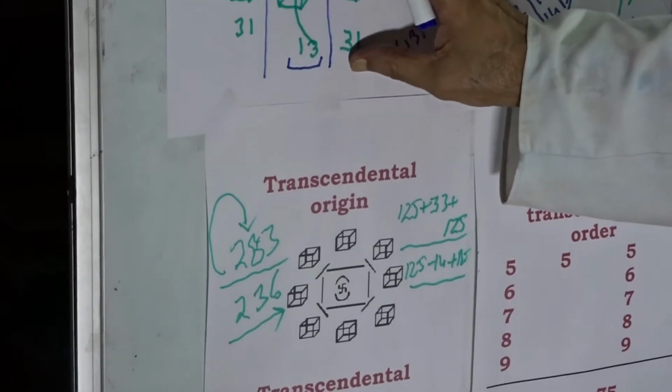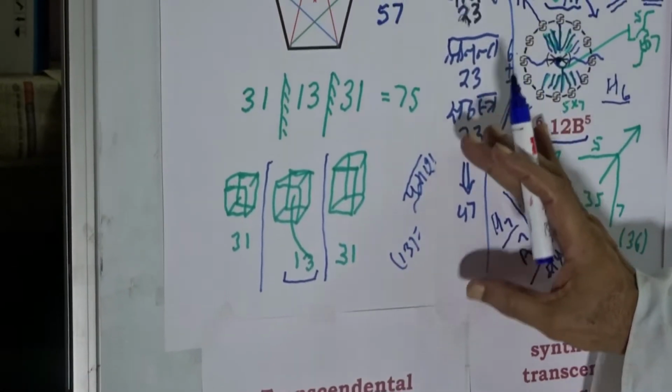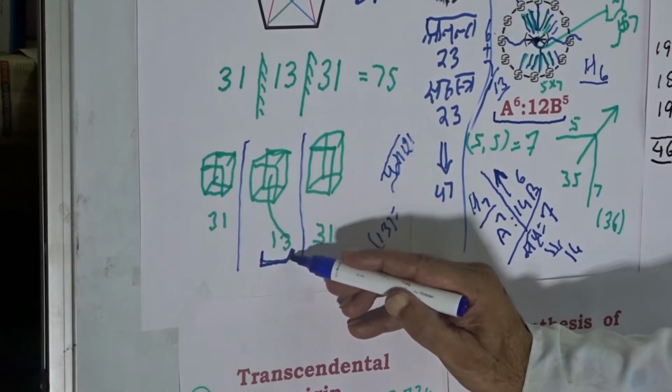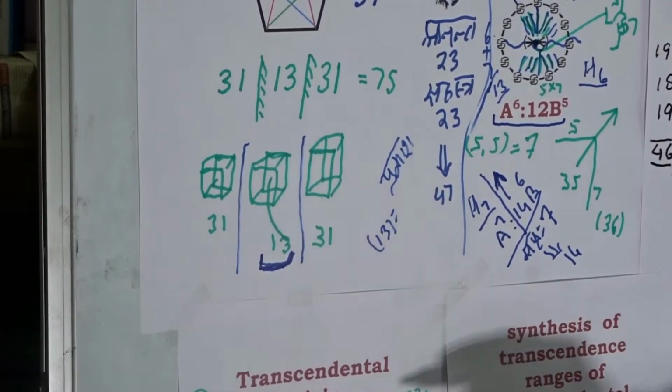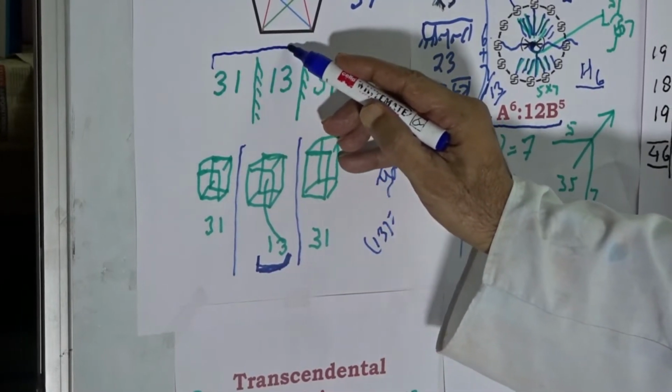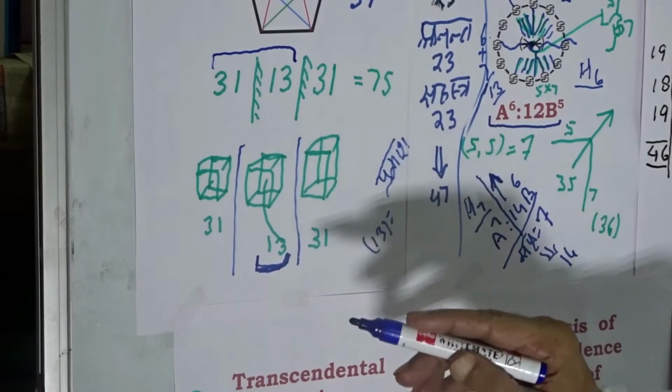Within creator's space, a 12-edged cube manifests an additional edge, the 13th edge. And further, we know that value 13 constitutes a reflection pair with value 31.